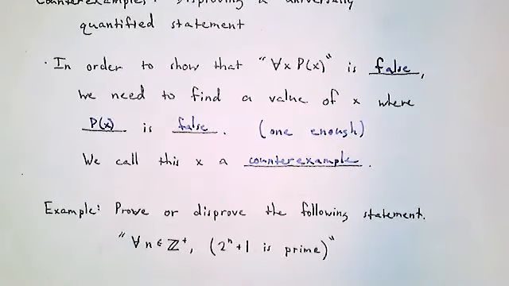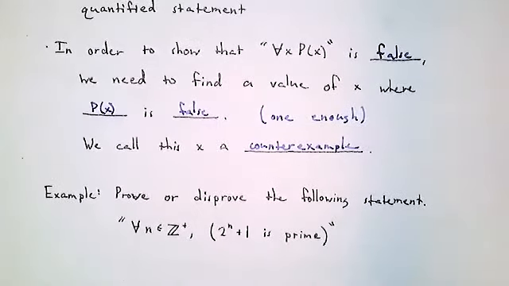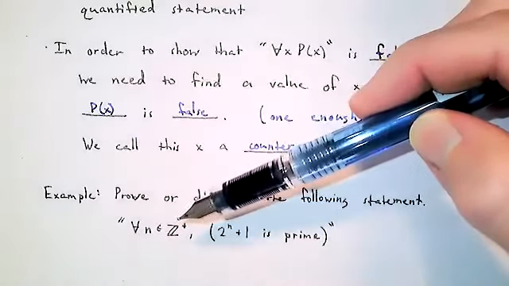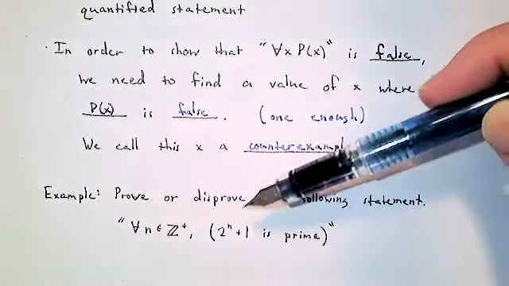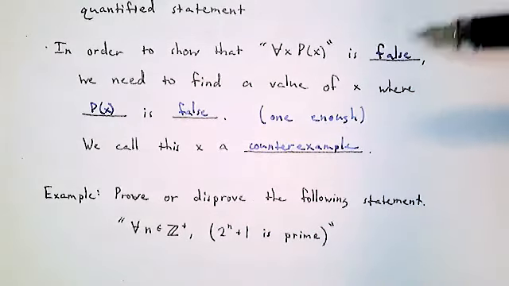A proof would look more like what we just finished. This example says: prove or disprove the following statement. For all n in the positive integers, 2 to the n power plus 1 is prime.